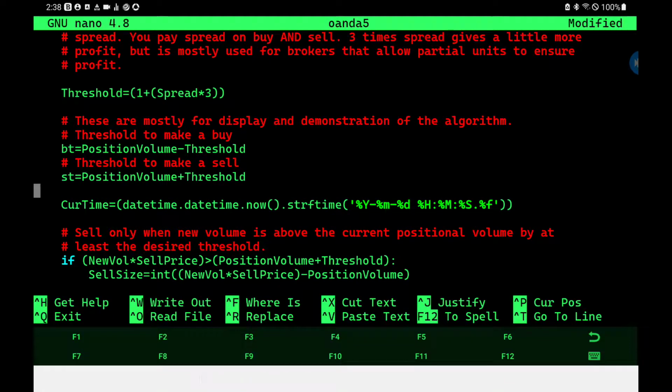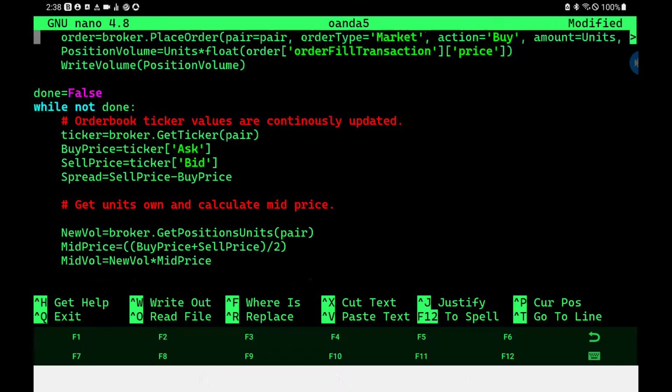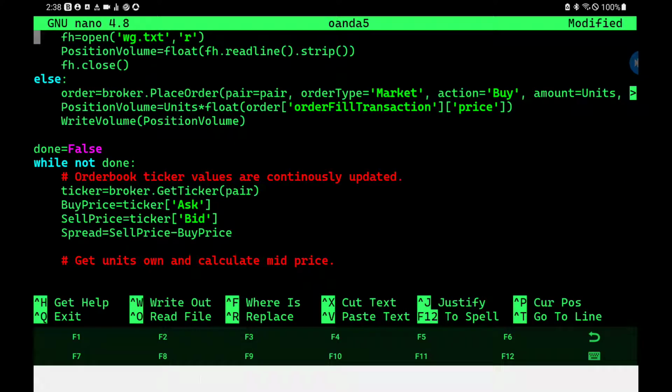Now, why did I start with the water glass and not a simple moving average or something more traditional? Simple. Python or any programming language is about exploration of ideas. If you're just going to use a simple moving average or some kind of traditional trading approach, you don't need to learn Python.